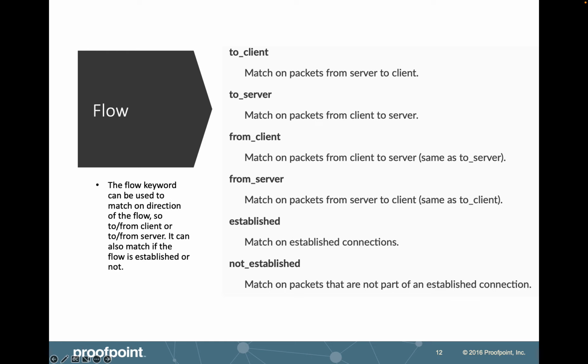These overlap: to client and from server are the same direction. In Emerging Threats rules, we use to client or to server. If you're gonna write your own signatures, it's best to pick two and stick to that, because when reading your signatures you want to identify where this traffic is going and what the rule is looking at. Being consistent in these flow settings is going to help you out in the long run.